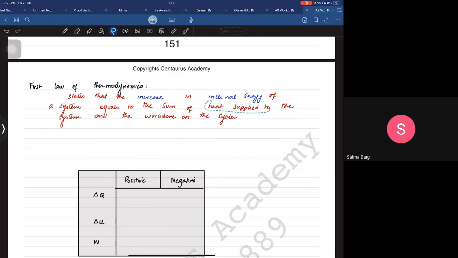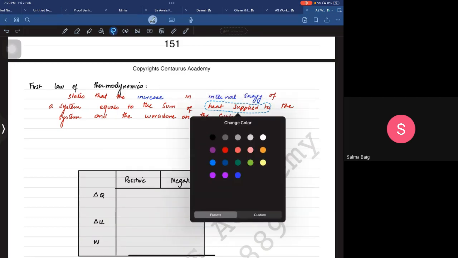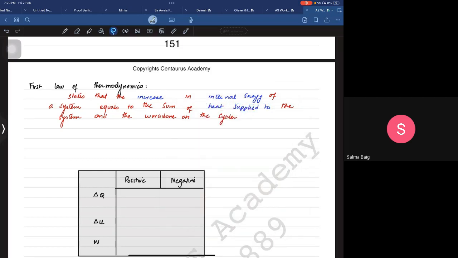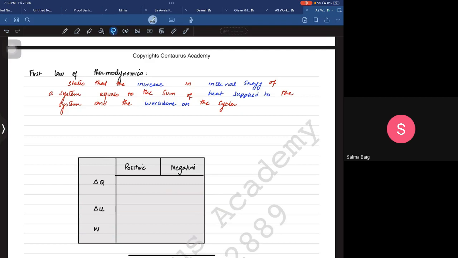If you see this, obviously that is also a keyword. So underline the system and work done on the system. If it's written work on the system, that would also be a keyword. This is important, that's why I've highlighted it. What it truly means is that the change in internal energy, if it's increasing, so there's a positive sign, would be equal to change in Q plus work done.